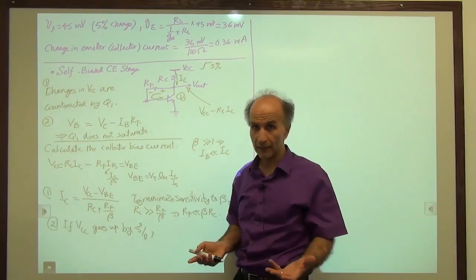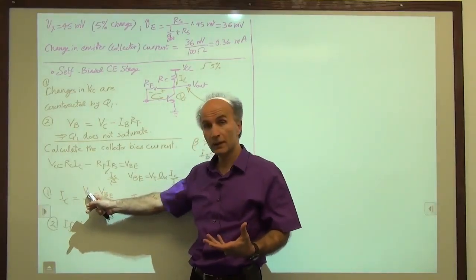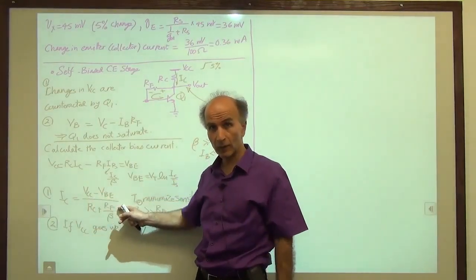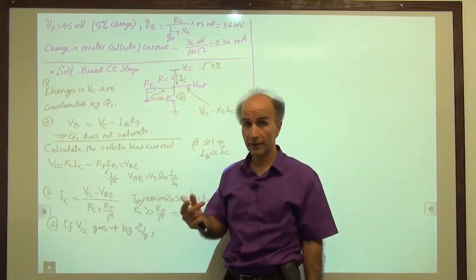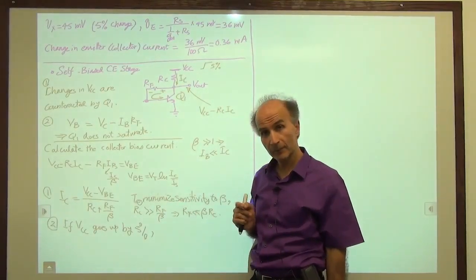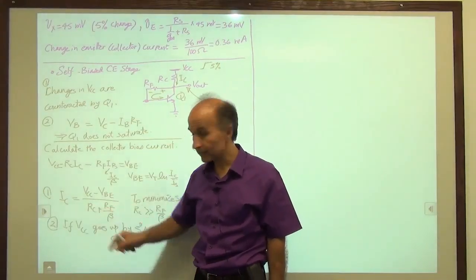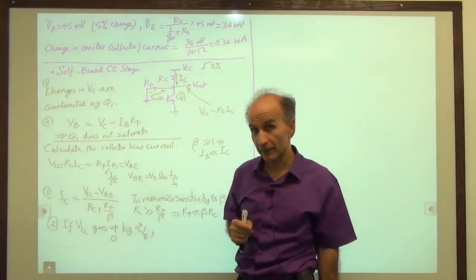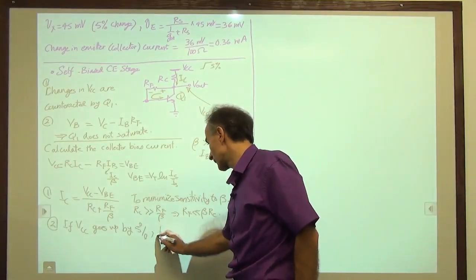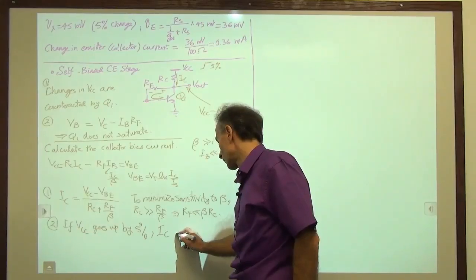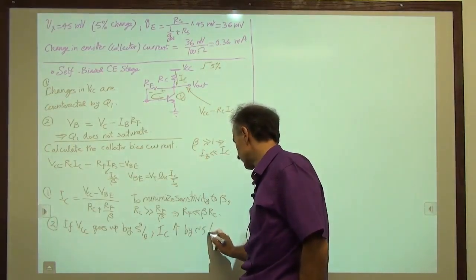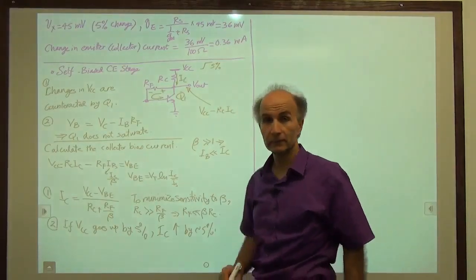It will be less, but let's say VCC is so large, maybe 5 volts or 10 volts, and when it changes by 5%, the numerator, in the worst case, increases by 5%. Then what happens to IC? IC, because these are constant, increases by 5%. So we can see that if VCC goes up by 5%, IC goes up by about 5%. That's very interesting.